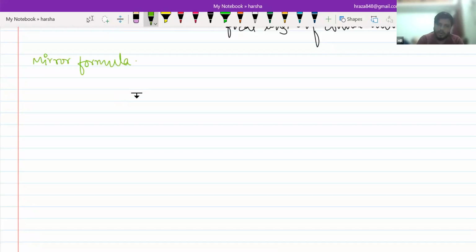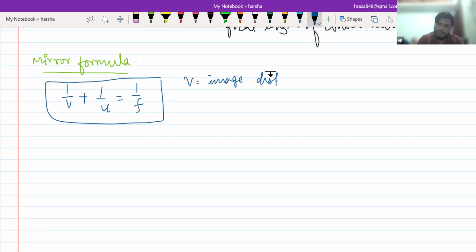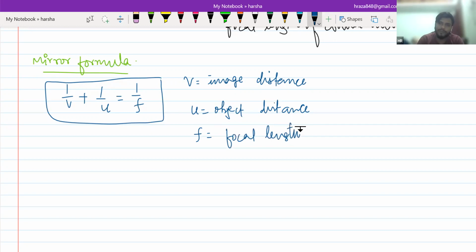This is the mirror formula. V is the image distance. U is the object distance, which will always be negative because the object is placed in front of the mirror, and F is the focal length. The focal length of a concave mirror will be negative, and the focal length of a convex mirror is positive.